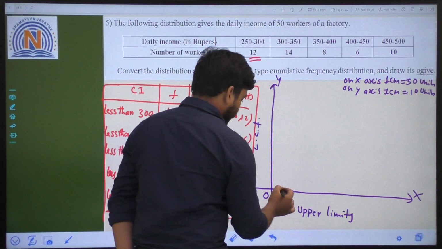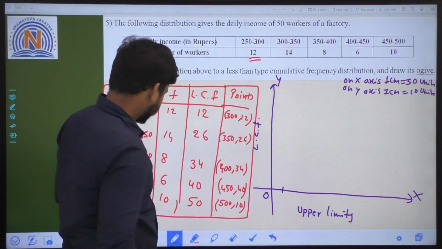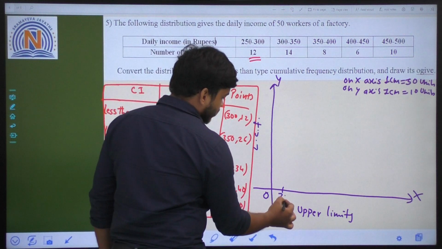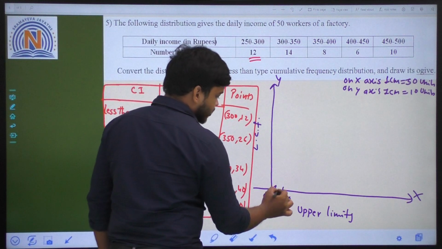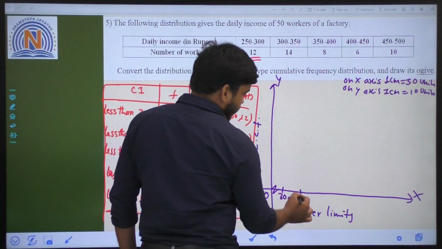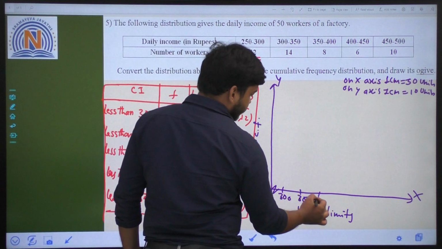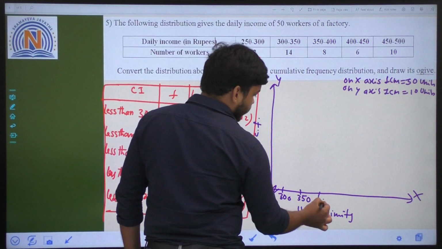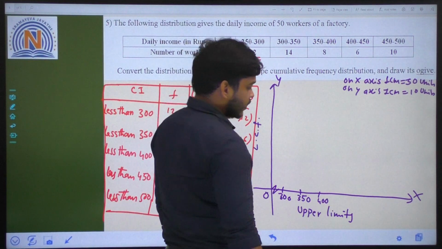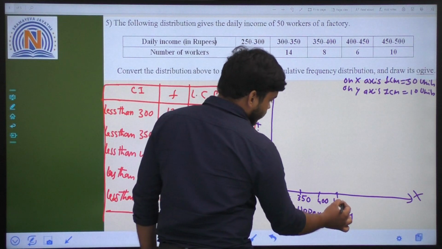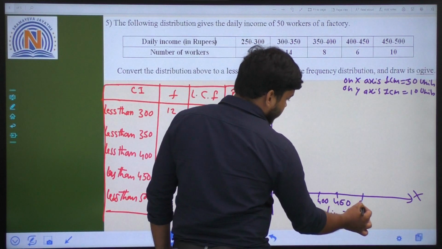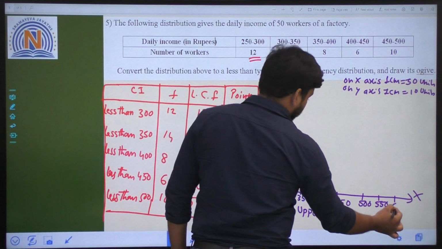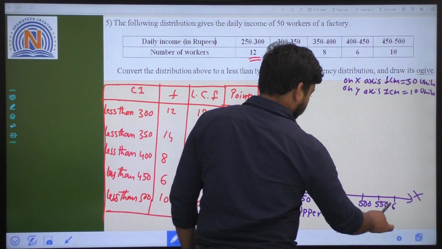Right? So let it be from these upper limits, 300. It is a breakable axis. So 300, 350, 400, 450, 500 and 550, up to 500, I think.